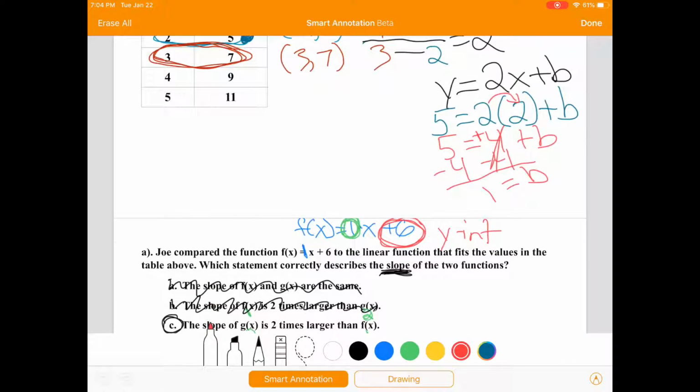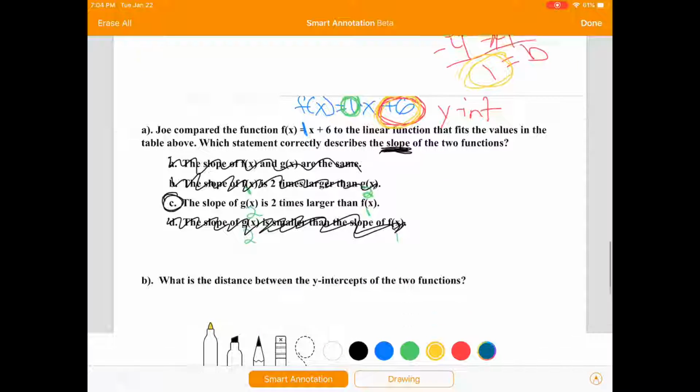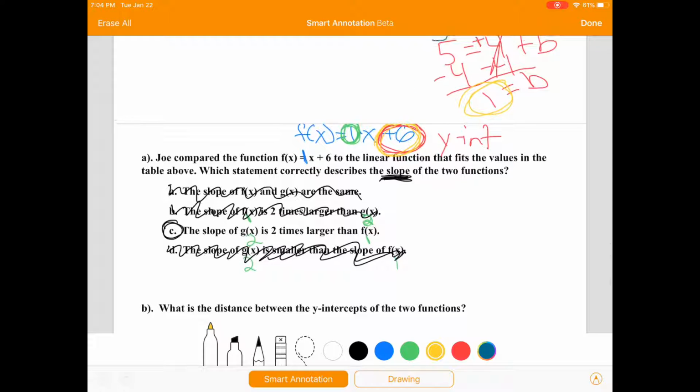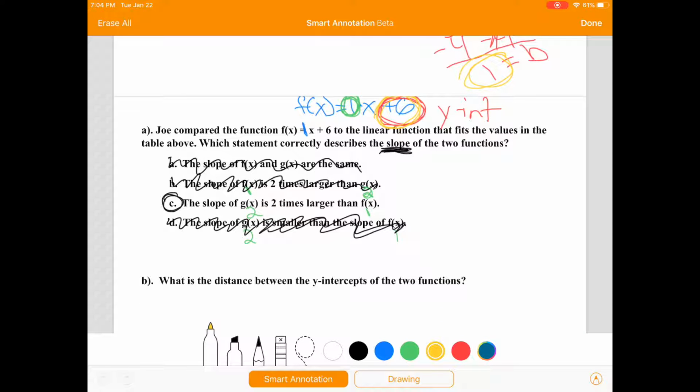So we're comparing our 6 of f of x and our 1 of g of x. So what is the distance between the y-intercepts of the two functions? I put my greatest value, which was 6, minus my smallest value, which is 1.